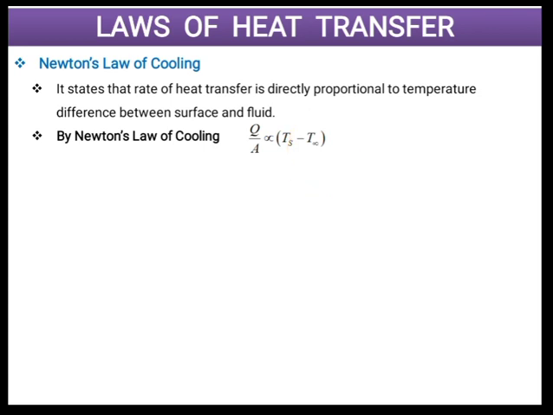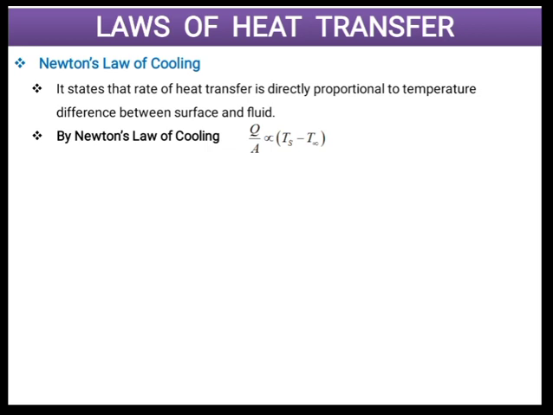Now the question comes that the Ts notation is understood by the students, that okay, temperature of surface. But what about this T infinity? Whenever we are talking about a fluid, let us say there is a hot surface and some air comes in contact with that hot surface, then it is very difficult for us to exactly identify up to which layer of air the heat is getting transferred, and that's why we are not able to quantify it properly.